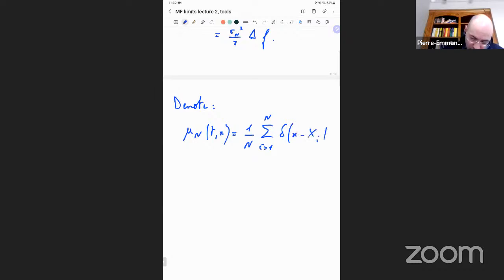And you get it simply by putting Dirac masses at the position where the particles are. And so this is the empirical measure.